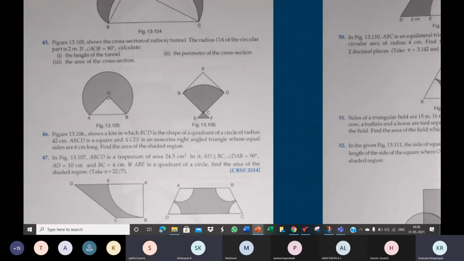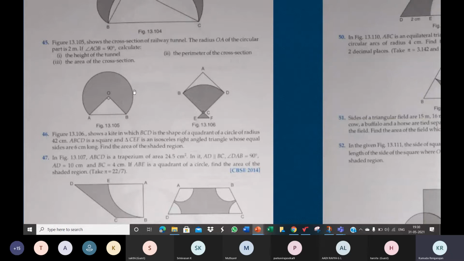Yes, it is 270 by 360, which is 3 by 4 of 2 pi r. So 2 into pi into 2, so 3 pi. The length of the major arc is 3 pi. And this one is 2 root 2.